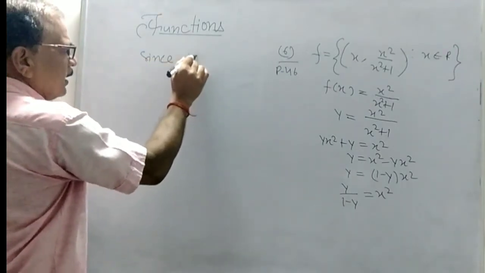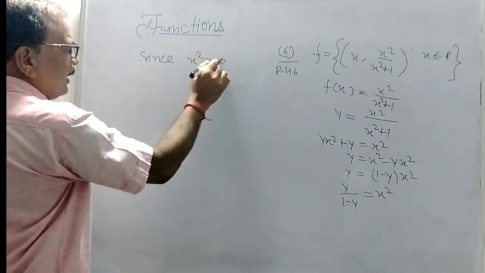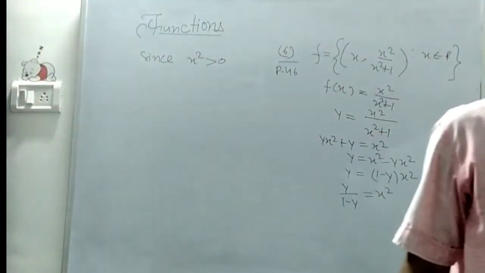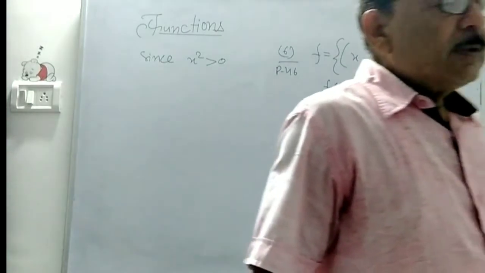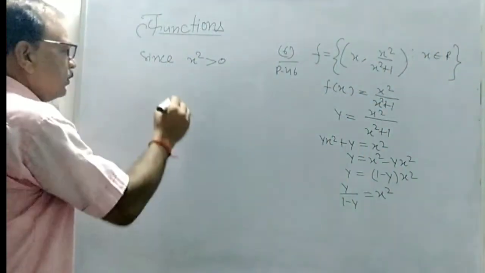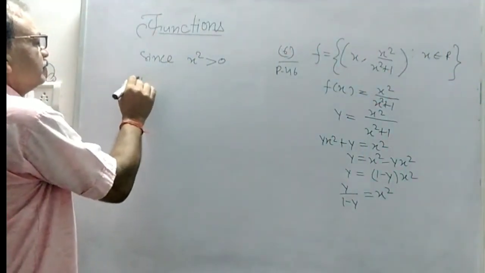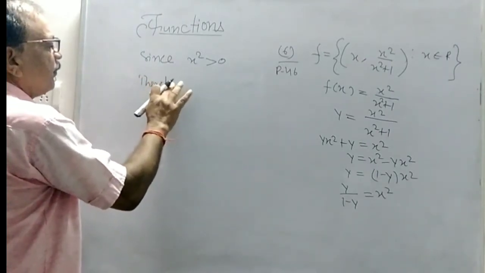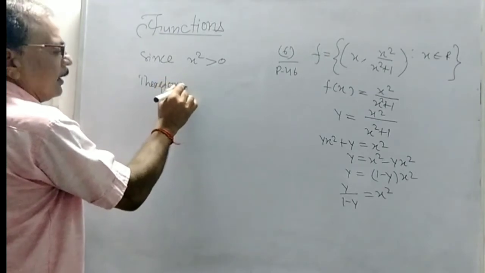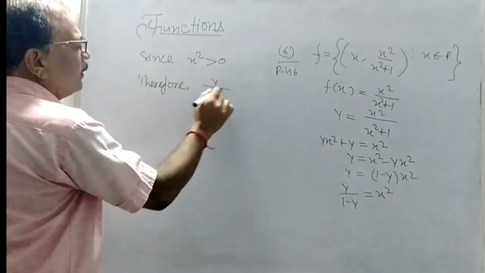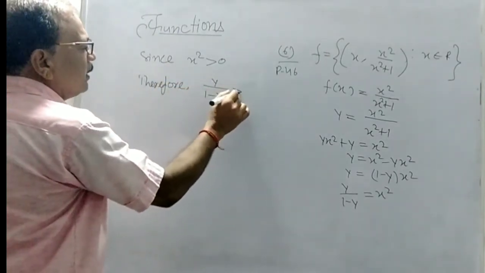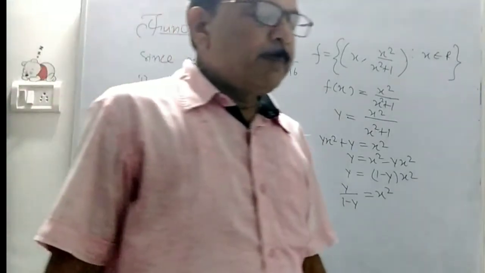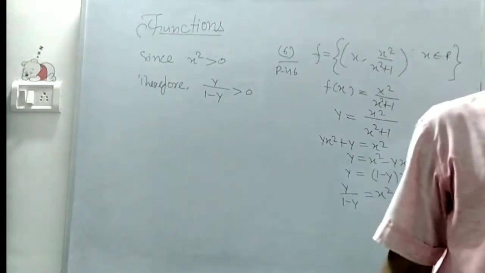Since x square is always greater than or equal to 0, because this will be positive, so it is always greater than or equal to 0. Therefore, y upon 1 minus y is greater than or equal to 0.